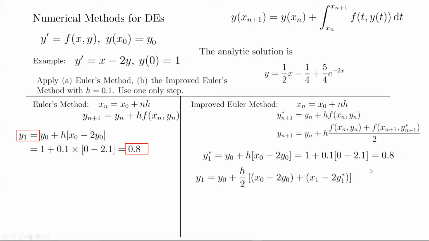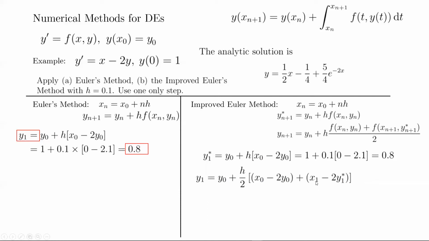However, the second part of the improved Euler method, the correction part, is we take y naught plus h over 2 times the function evaluated at x naught, y naught, so x naught minus 2 times y naught, plus the function evaluated at x1, y1 star.